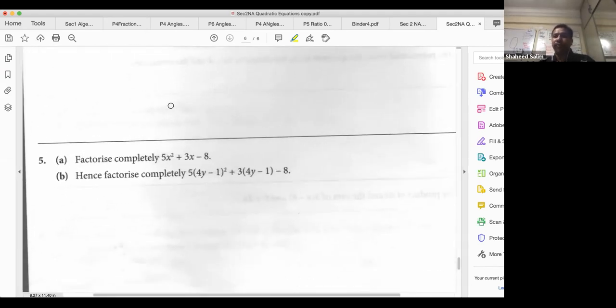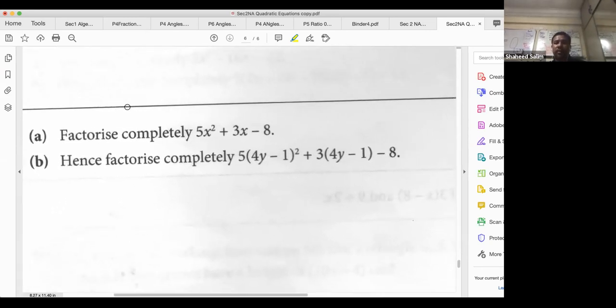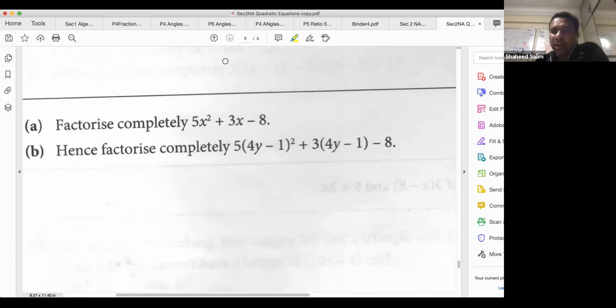This one, number 5. Try number 5. You can do this. But after that, I want you to have a look. Before you do, look. Can you see the pattern down here? Look at the pattern. 5x squared. This one is 5 bracket squared, x squared, bracket squared.